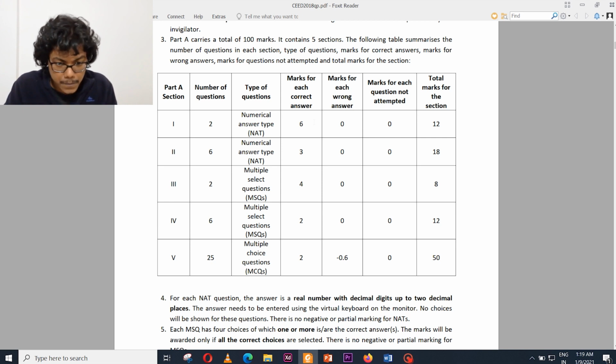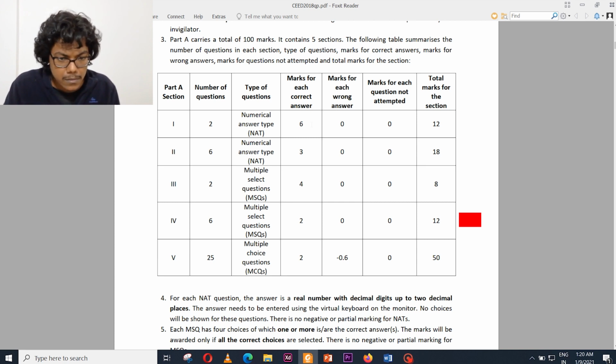Then you have minus 0.6 for these 25 questions, and MSQ you have 6 questions but 2 marks. So this is of least priority. When I don't get it right, it doesn't affect much.